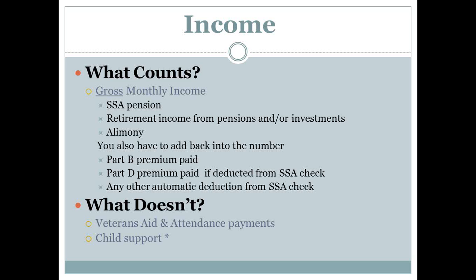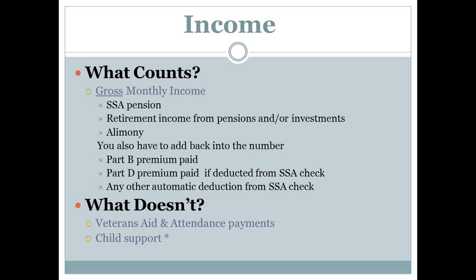So, for instance, if you're talking to somebody and they say, well, my Social Security check is $600, that may be what they bring home, but you're going to have to add that $104.90 for the Part B in there. So they would be at $704.90 a month.